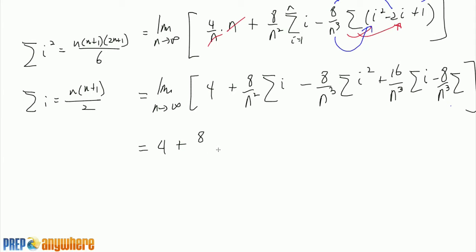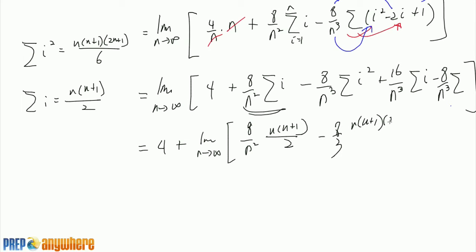Then the limit: 8 over n squared times n plus 1 over 2 for this, and this next one, 8 over 3, n plus 1, 2n plus 1 over 6 times... Okay, so this is not going to be as bad as you think.